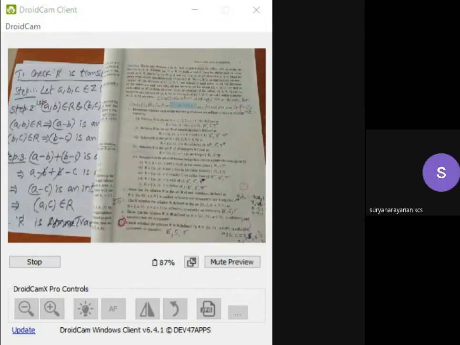What is the domain set? 1, 2, 3. In R1, which ordered pairs should be there to be reflexive? 1 comma 1, 2 comma 2, 3 comma 3. Are these three ordered pairs there in the relation R1? It is there, sir. Then we say that it is reflexive.